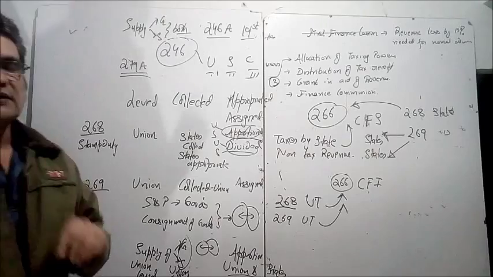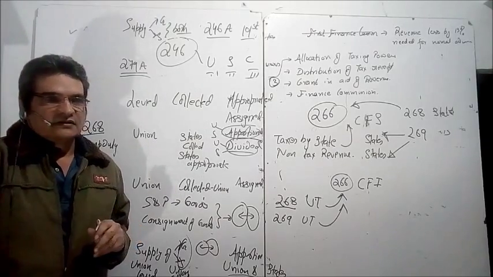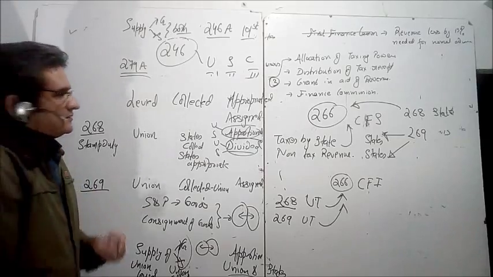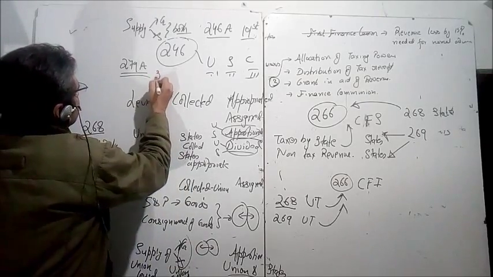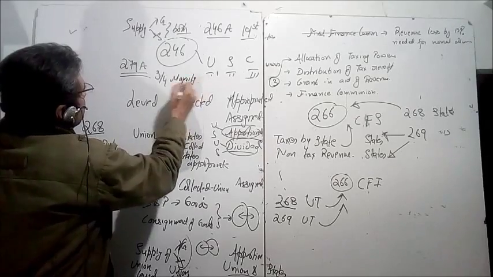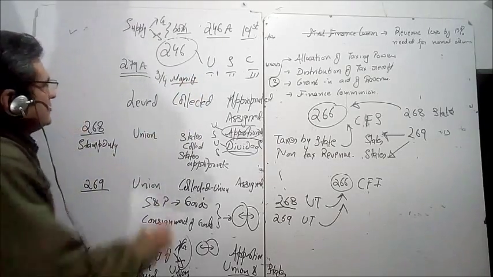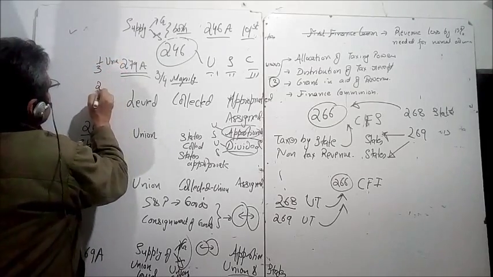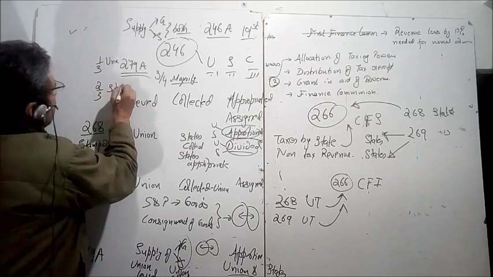And the important point about the Goods and Services Tax Council is that the decisions are taken there by the 3/4 majority. You need 3/4 majority, and 1/3 of the votes are with union, 2/3 of the votes are with states.